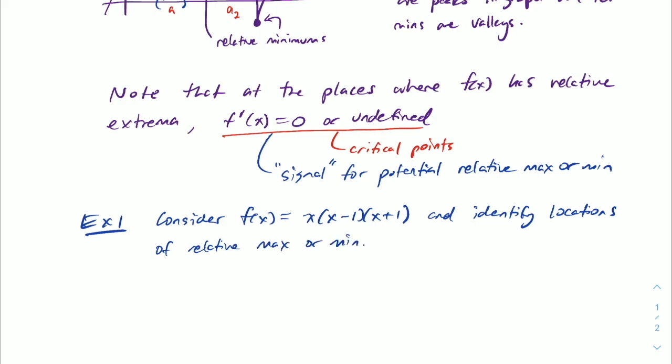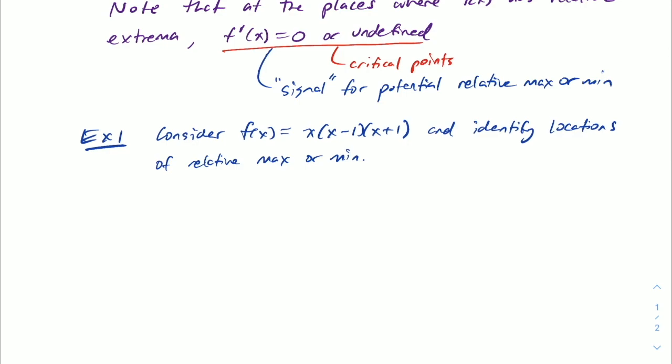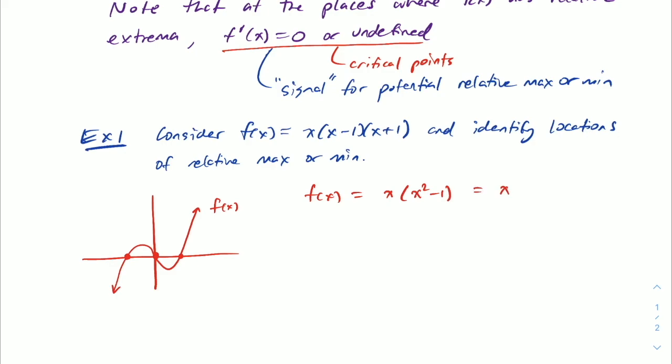So let me first graph the function. It has a 0 at -1, a 0 at +1, and a 0 at 0. So here's our function, f of x. If I expand the formula, x times x minus 1 times x plus 1 is x times x squared minus 1. So f of x can be written as x cubed minus x.